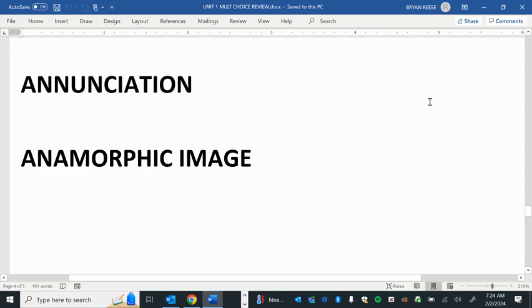I want you to know what the Annunciation is. There are different common themes in Renaissance art: Annunciation, Deposition, Pietà, Madonna and Child.